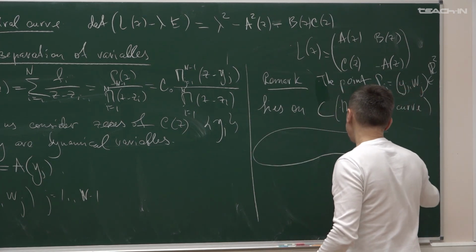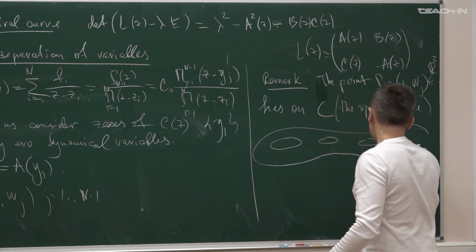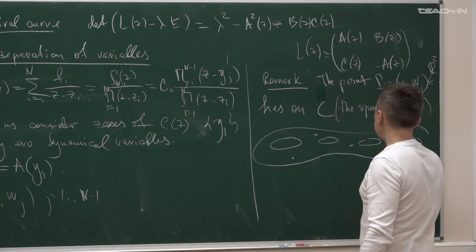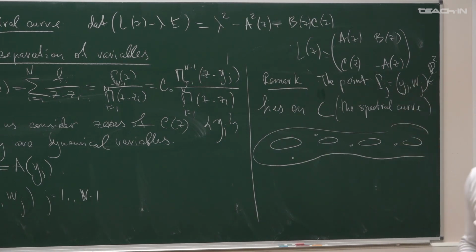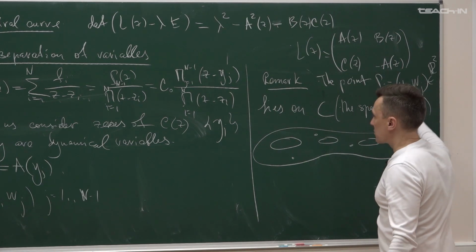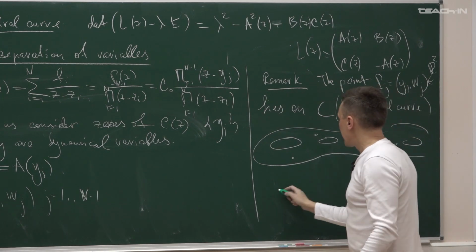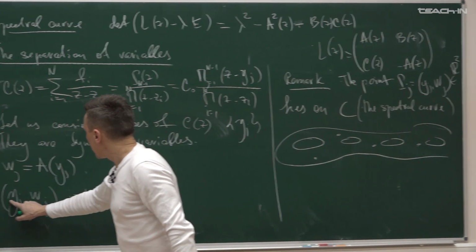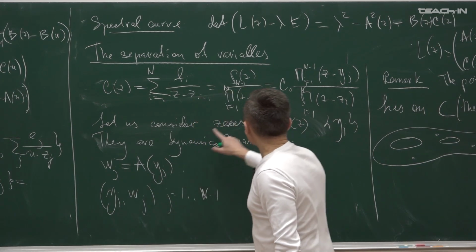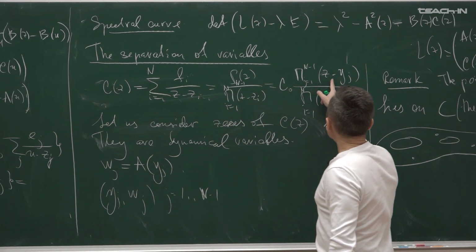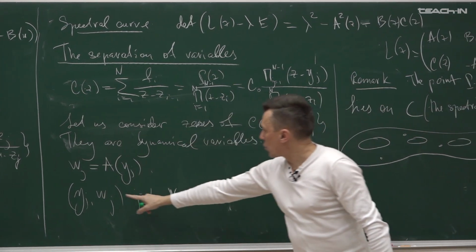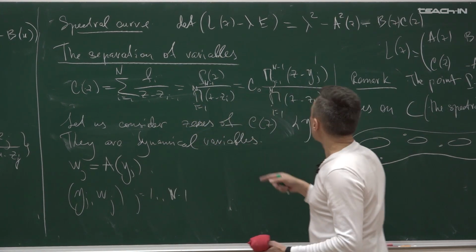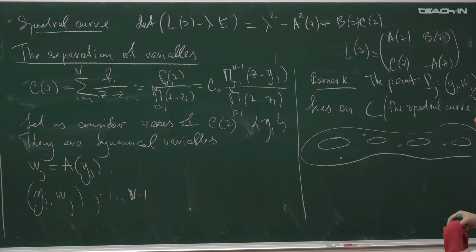So this is some hyperelliptic spectral curve, and the points evolve along this spectral curve. Why is it true? Let us verify. What we have to verify is that if y and w are such that y is a zero of the function c and w is the value of the function a at this point, then the equation is satisfied.